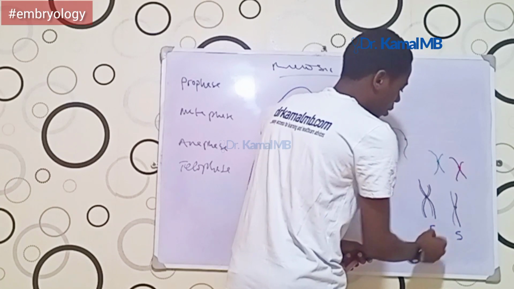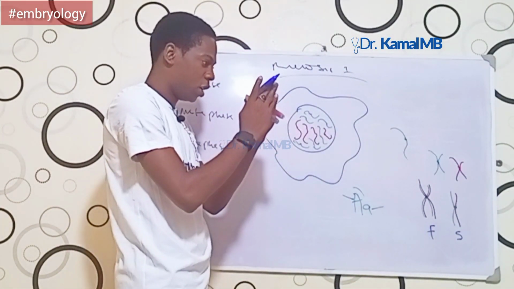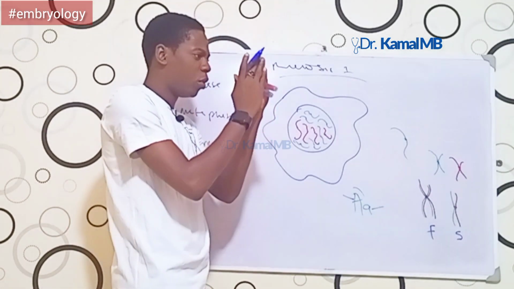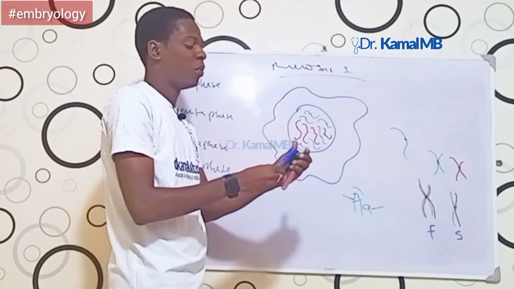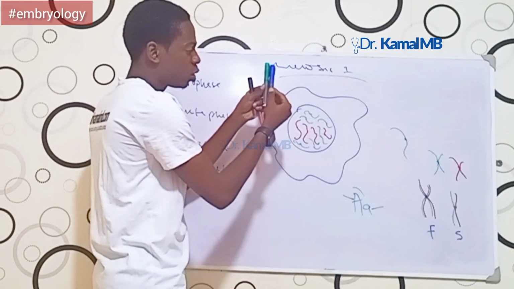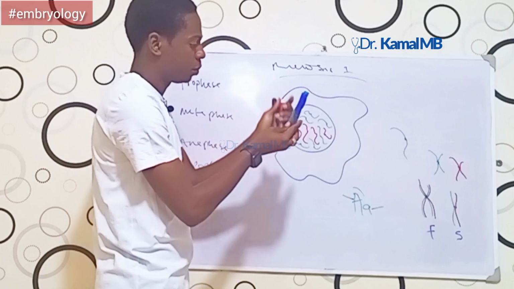This one is the front view. So this hugging one another, the process is called synapsis. And when they hug one another, it's like this marker. When you combine it with this marker, they become like this. So this structure that they form is what we call a tetrad.